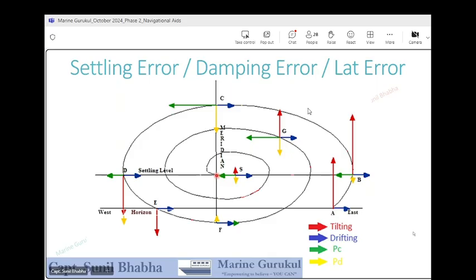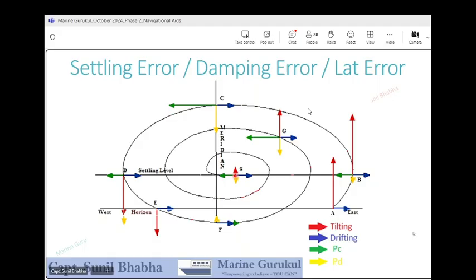So to have an upward tilting, we need to have an easterly azimuth of the spin axis, and this is exactly the reason why our spin axis settles east of the meridian. So when it goes east of the meridian, an upward tilting is generated, which is equal and opposite to downward damping precession, thus cancelling out each other. This is the reason why the spin axis is above the horizon and east of the meridian in the northern hemisphere.